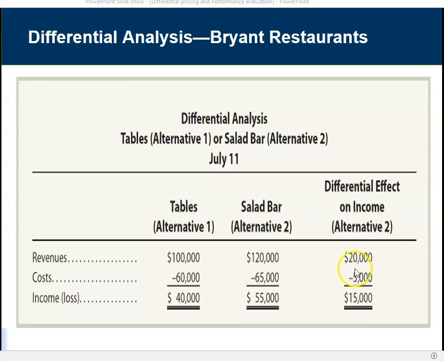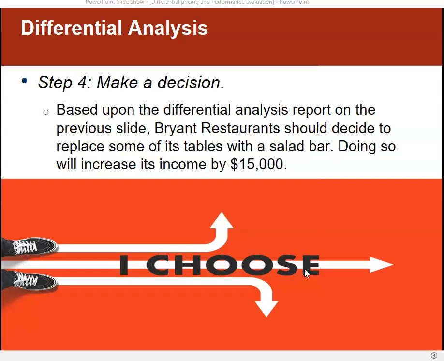It is a negative $5,000 for differential costs, but overall, differential income is a positive $15,000 if we select the salad bar option, alternative number 2. Okay, so step 4 says make a decision, and based on the results of the analysis, we want to add that salad bar, because doing so will increase income by $15,000.